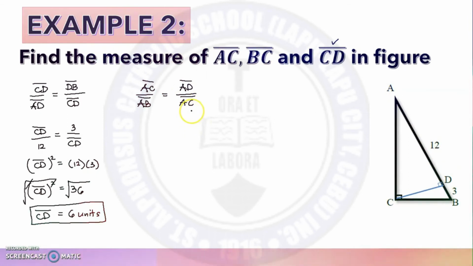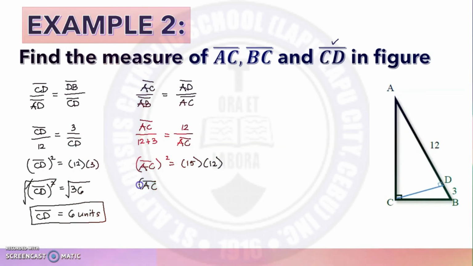Next, we're going to substitute. So AC, we don't know AC, so just write AC. AB is, of course, 12 plus 3. There, this is 12 and 3. AD is 12 and AC, we don't know, so write AC. Then you cross multiply, class. That would be AC squared equals 12 plus 3, that's 15, and 12.